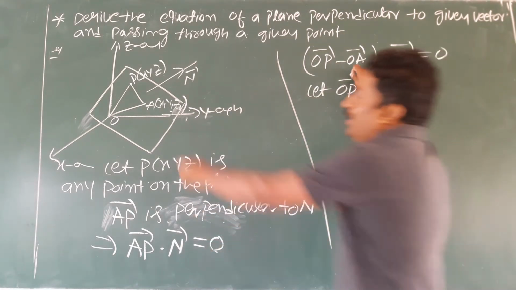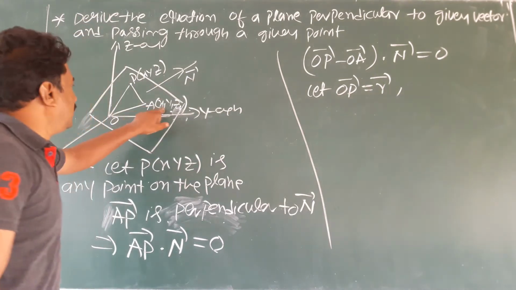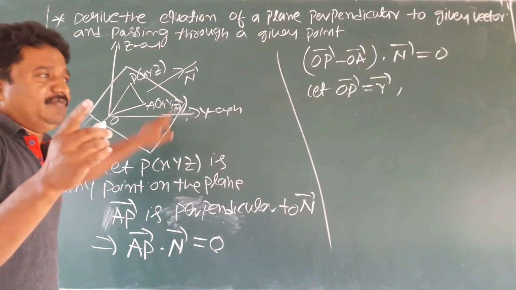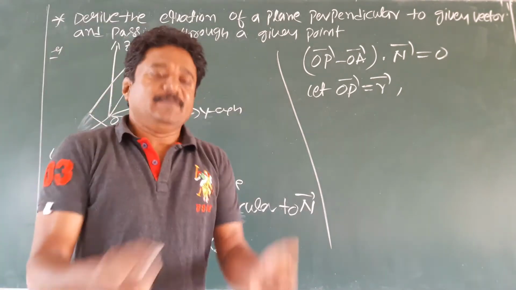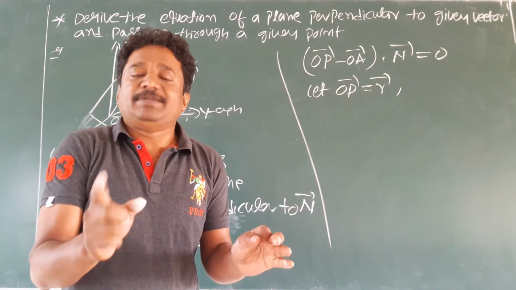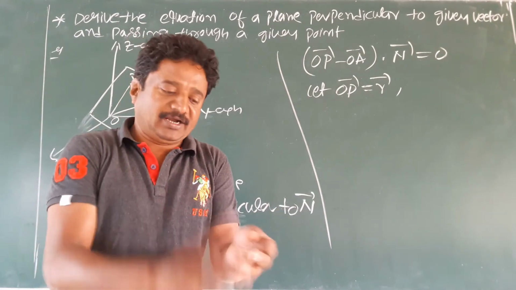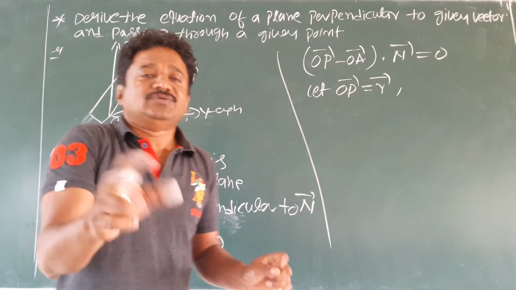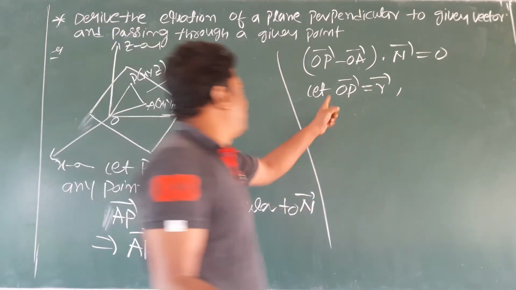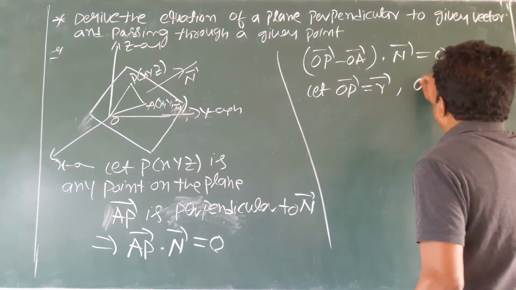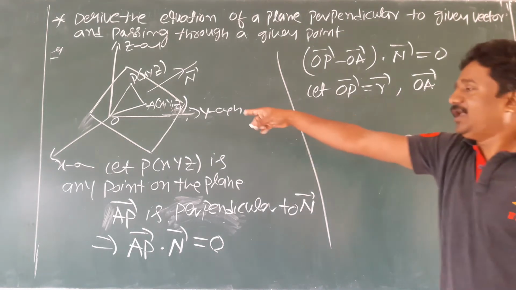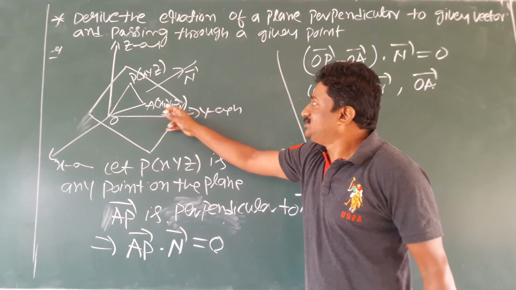Next, A is a point, students, A(x1, y1, z1). We always represent points by vector A, vector B, vector C, and so on. You have seen these things in your previous classes also. OA means point A. What are the coordinates of point A? x1, y1, z1.